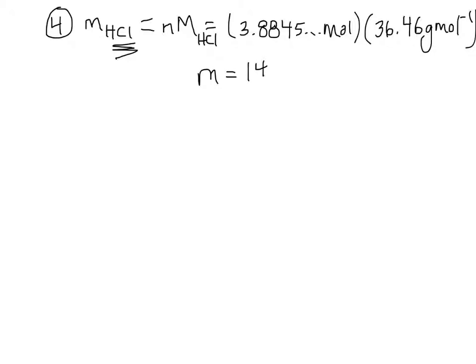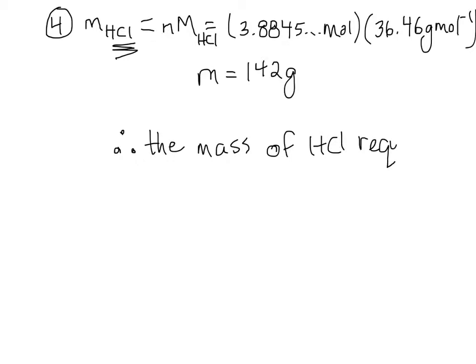If we round that off to correct significant digits, it would be 142 grams. So we would say then, therefore, the mass of HCl required is 142 grams.